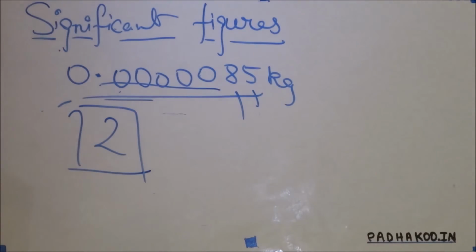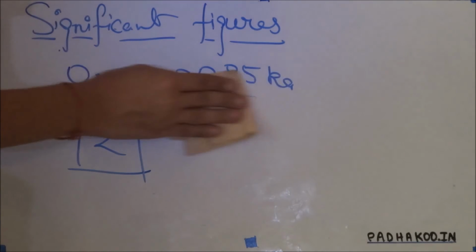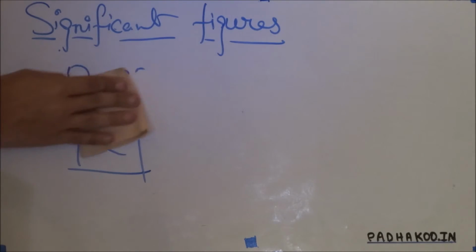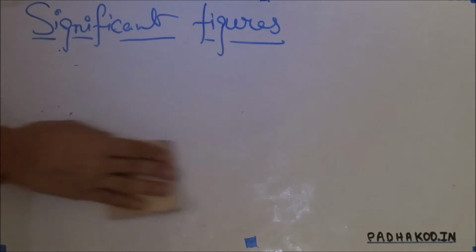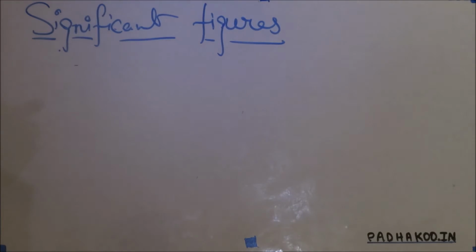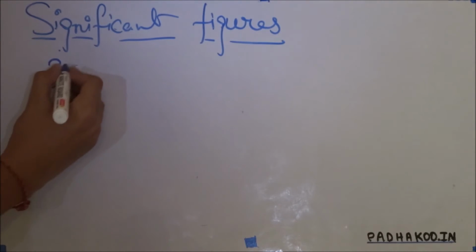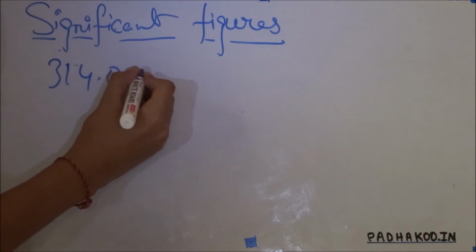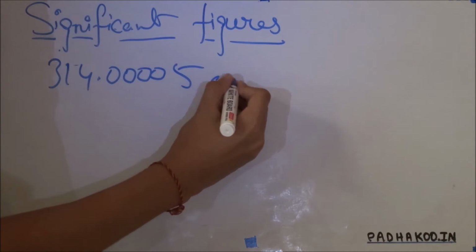Okay, just understand this. Now the third rule says that if there are zeros between 2 non-zero digits, let's suppose a number to be 314.00005 centimeter.